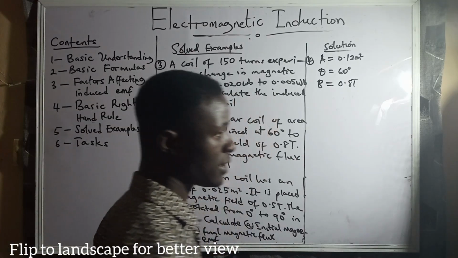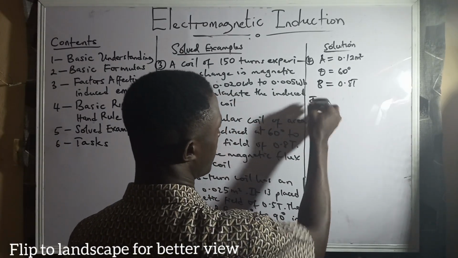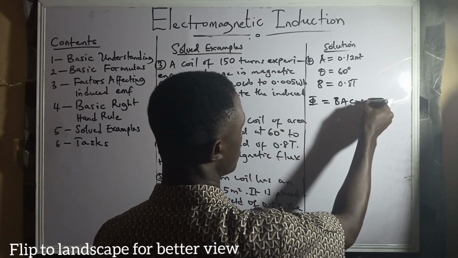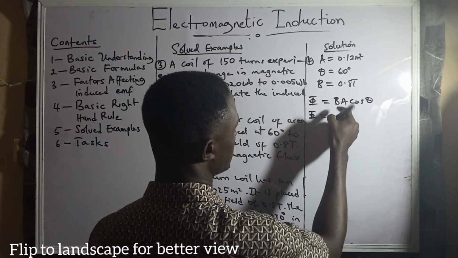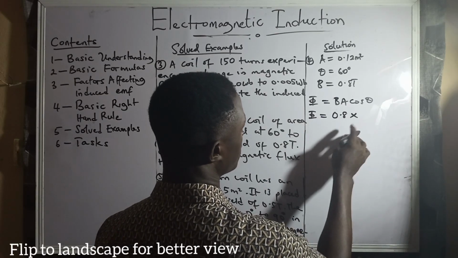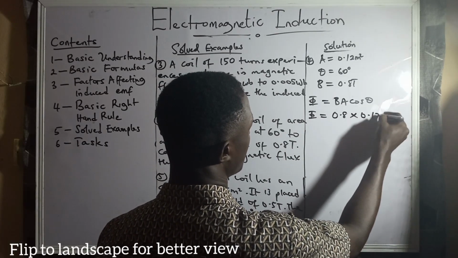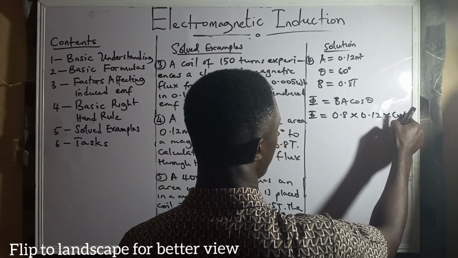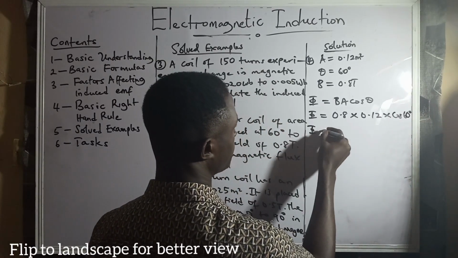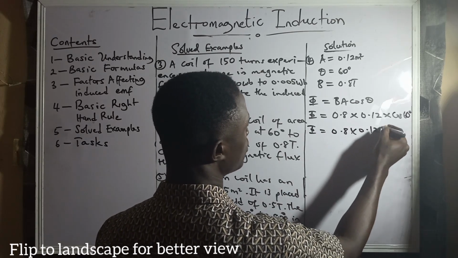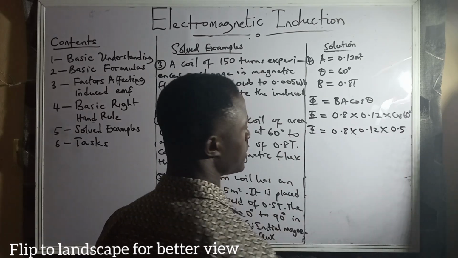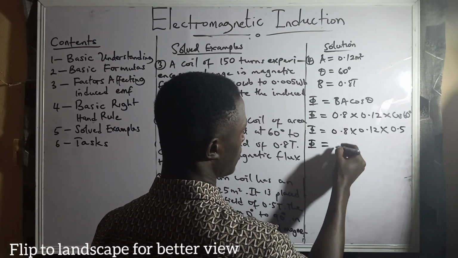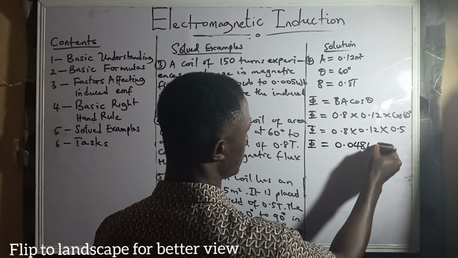We want to calculate the magnetic flux. Remember, the formula for our magnetic flux is BA cos theta. So just write your B is 0.8 multiplied by A 0.12, then multiplied by cos 60. 0.8 times 0.12 times cos 60, which is 0.5, gives us 0.048 Weber.